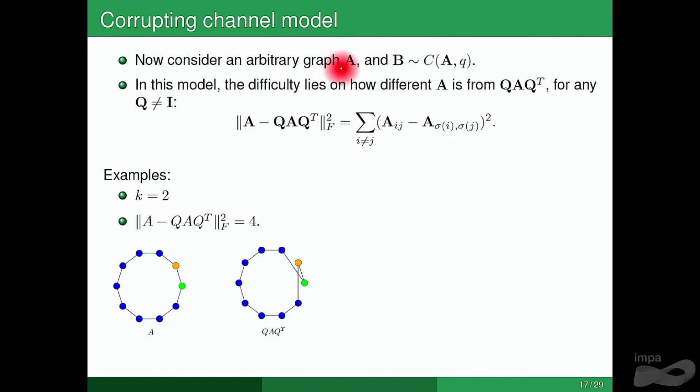If we perturb the edges with this probability q, and we look at the loss function, if these edges here, for example, are removed with probability q, then it's going to be hard to tell the difference between the solution with Q and the solution with the identity, right? So in other words, we need a large value here so that there's a small chance that a sufficient number of edges are going to be perturbed, and we can still find this correspondence, right? So that's the main difficulty in this problem.